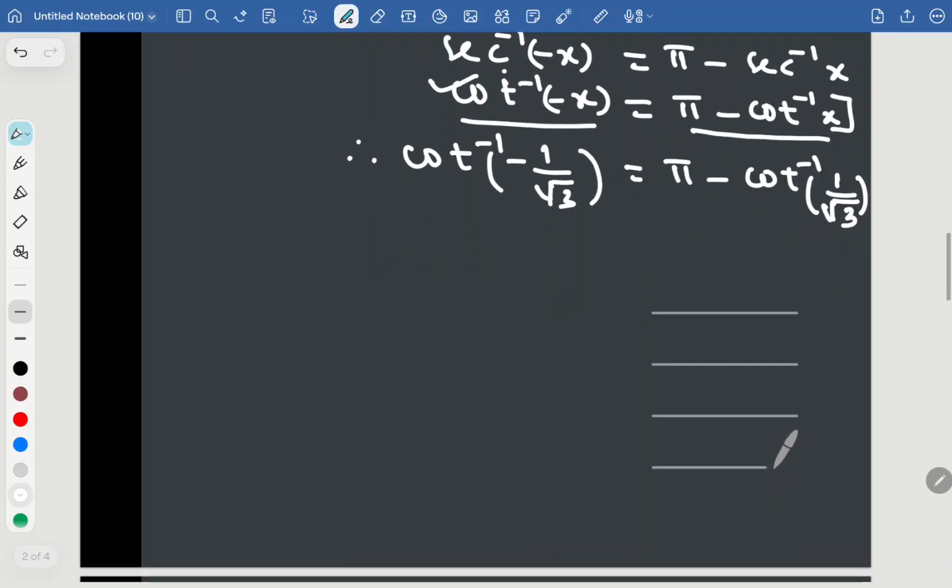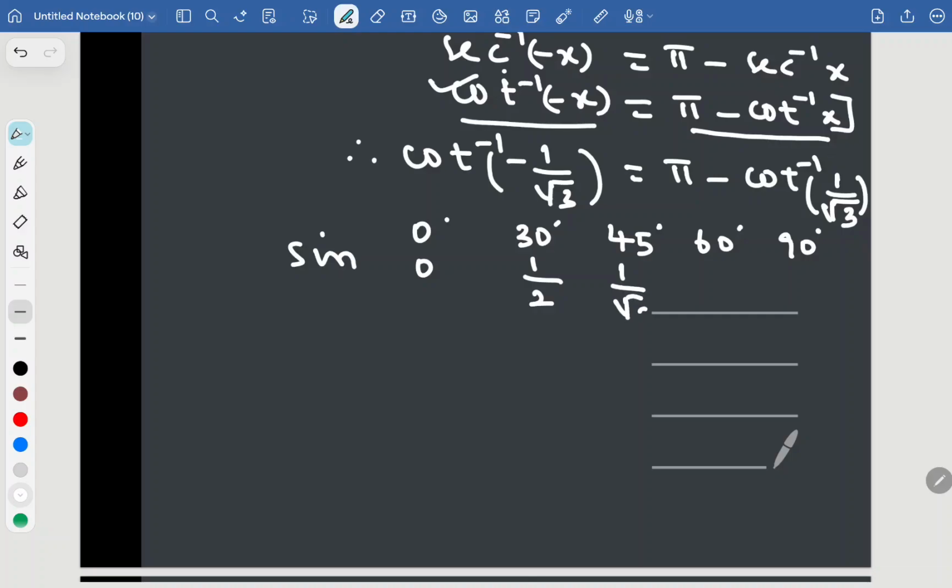Again, from the trigonometric table: sine 0 degree, 30 degree, 45 degree, 60 degree, 90 degree: 0, 1 by 2, 1 by root 2, root 3 by 2, 1. Cos 0 is 1, cos 30 is root 3 by 2, cos 45 is 1 by root 2, cos 60 is 1 by 2, cos 90 is 0.